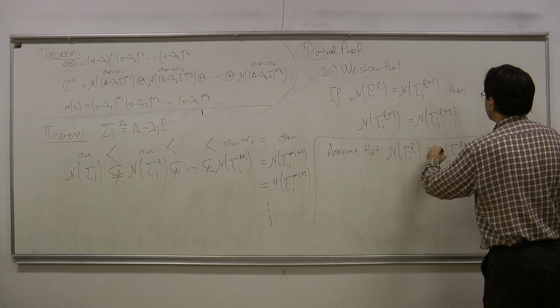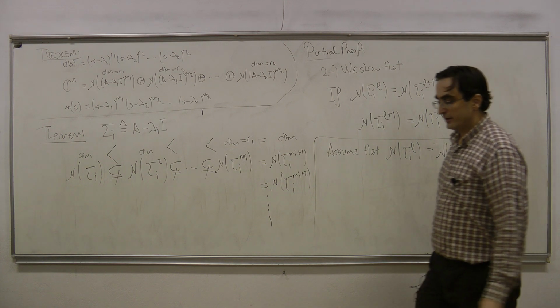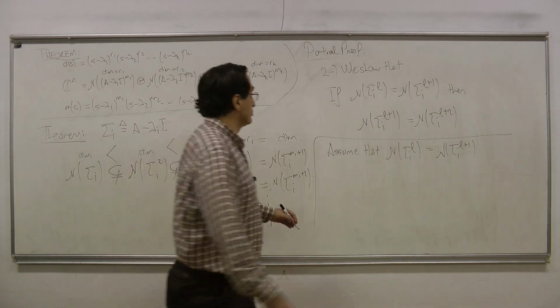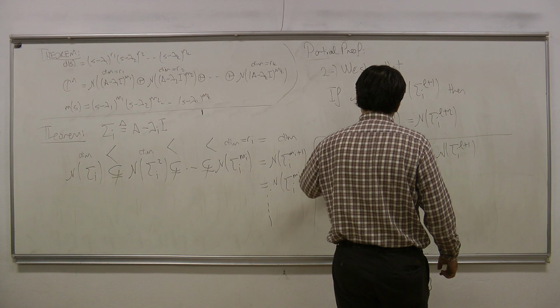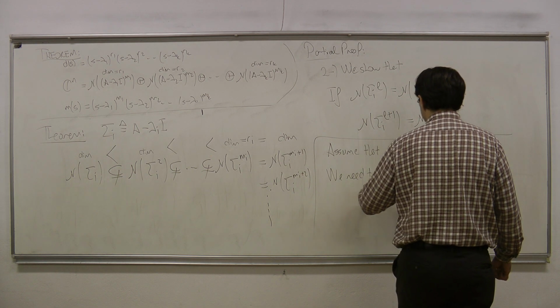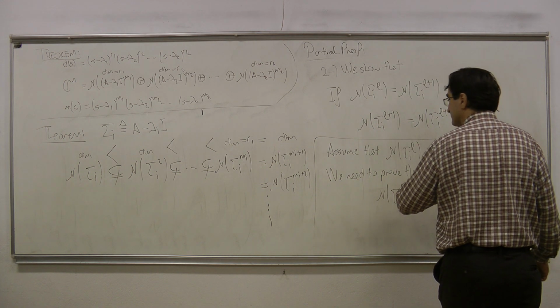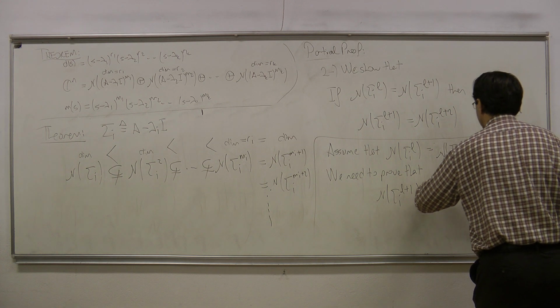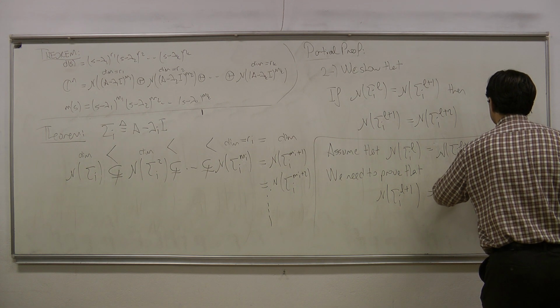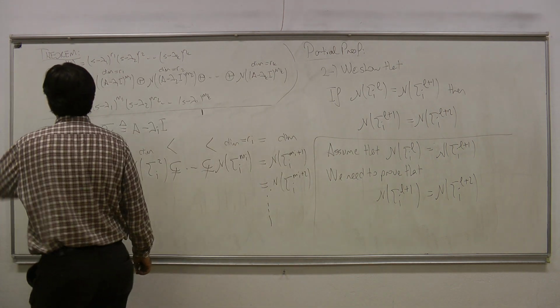Suppose that I have an equality like this. I am assuming this, and then we need to prove that the null space of sigma I to the L plus 1 is equal to the null space of sigma I to the L plus 2. I need to prove this.